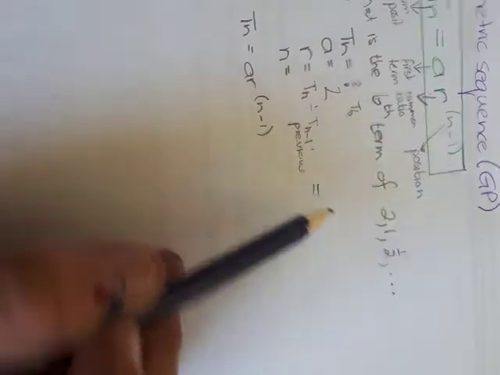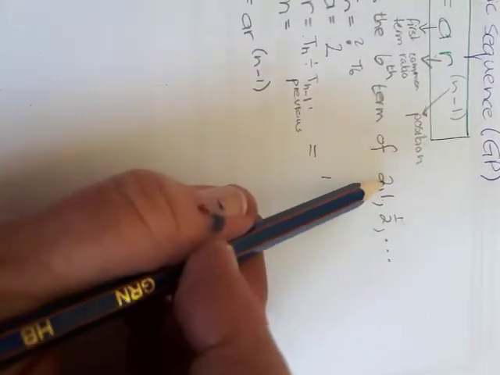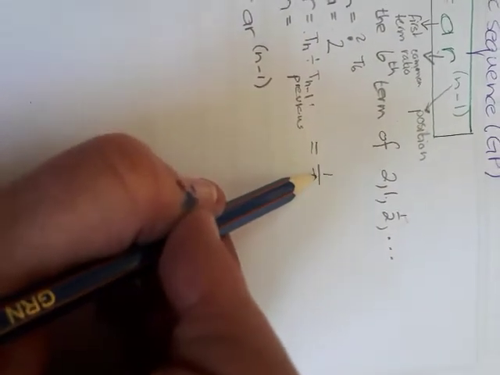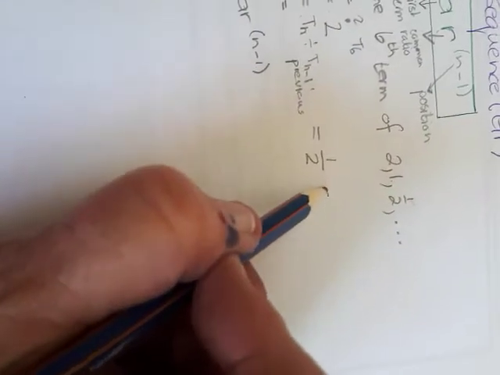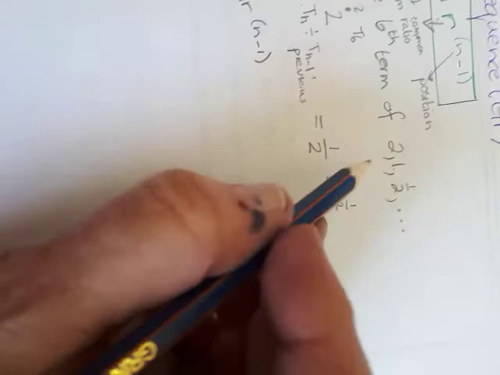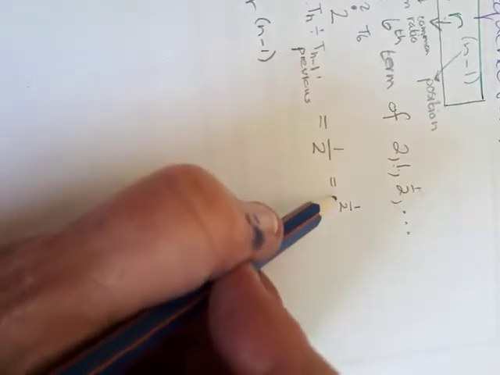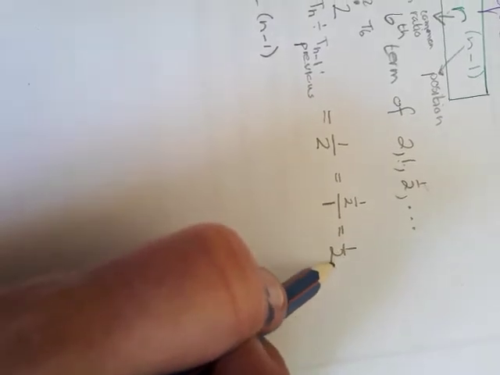So we can take term 2, which is 1, and divide it by term 1, which is the previous one. That gives me 1/2. You could also have taken term 3, which is 1/2, divided by the previous one, which is 1, so that is still 1/2.